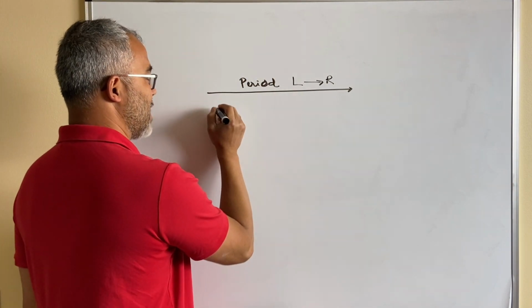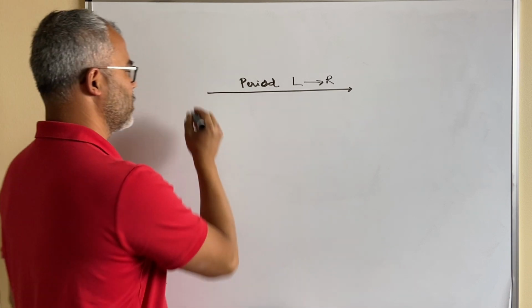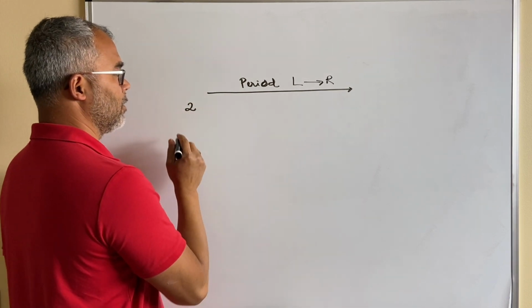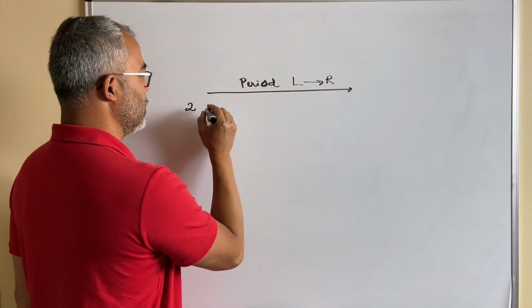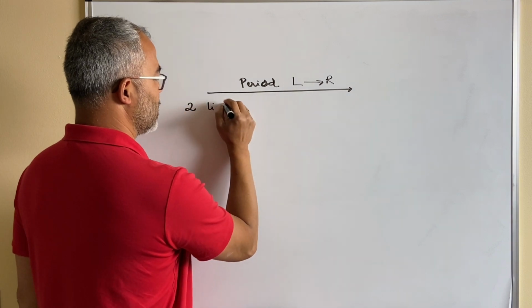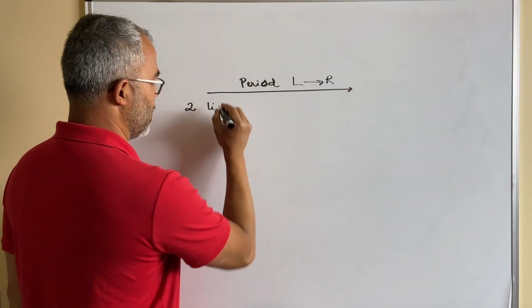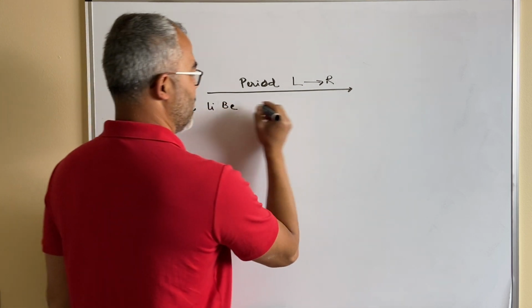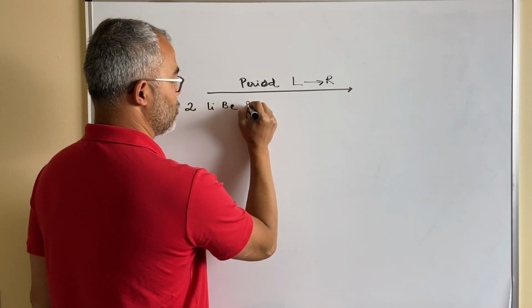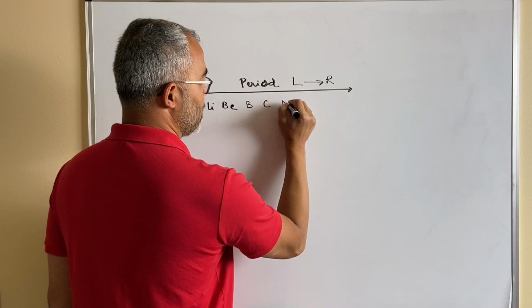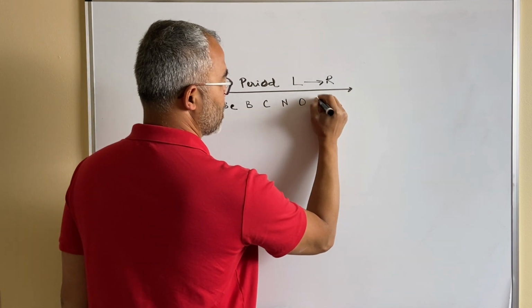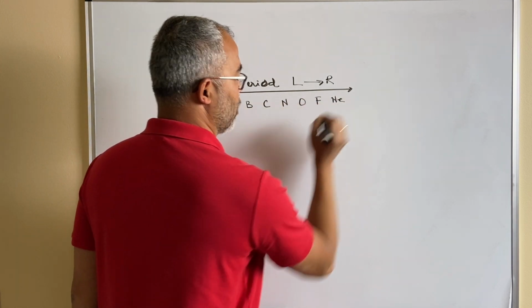What we mean by that is, let's take, for example, period 2. Period 2 starts with lithium, then beryllium, then boron, then carbon, nitrogen, oxygen, fluorine, and then neon.